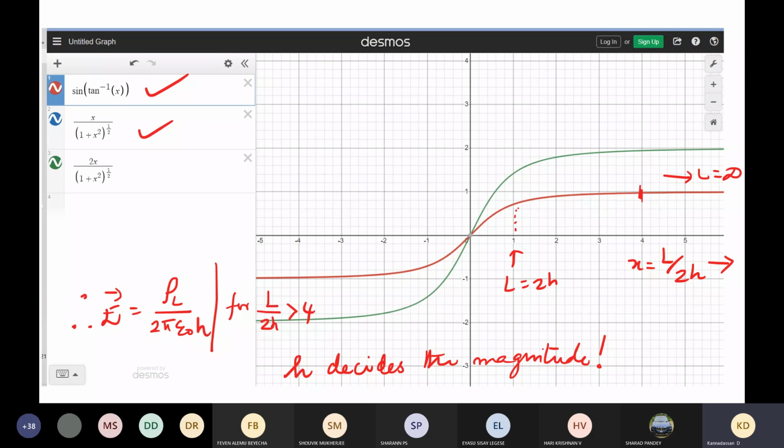If you plot more, you will see many interesting behaviors. Here you can see that these two expressions, sine of tan inverse of x and x by root of 1 plus x square, are both plotted here. Both overlap each other. Here also you can see the blue line and red line overlapped.